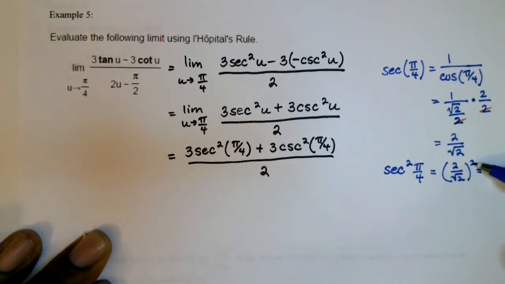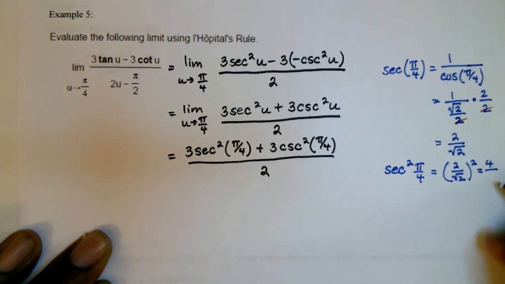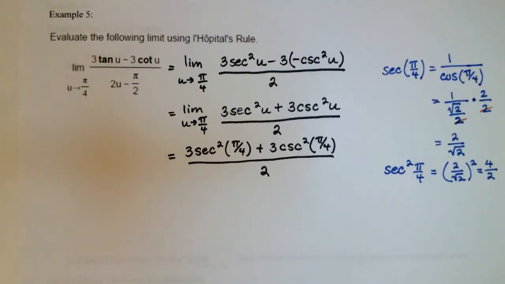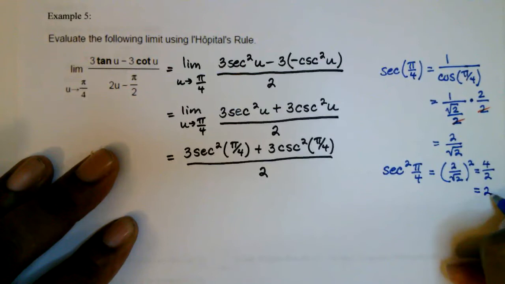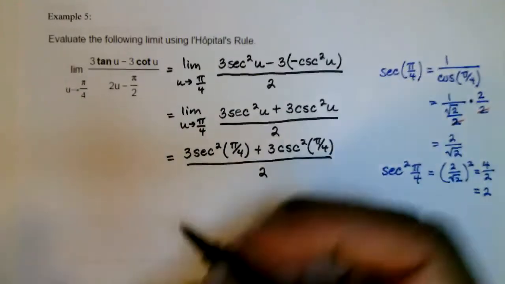So here I'm going to have 2 squared, which is 4, divided by the square root of 2 squared. That's going to get rid of that radical, leaving me with a 2. And then 4 divided by 2 will end up being 2. So in this case, the secant squared of pi over 4 ends up being 2.